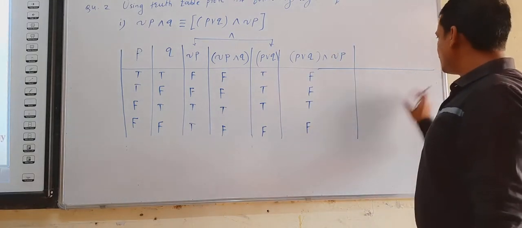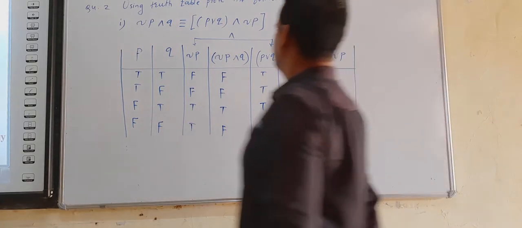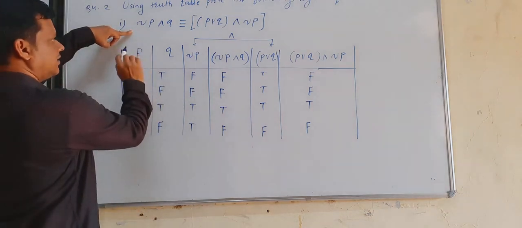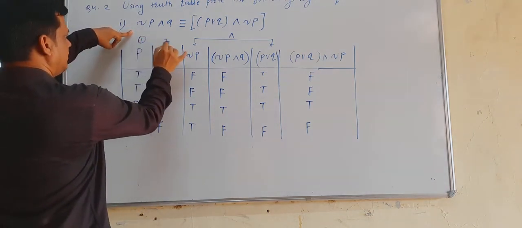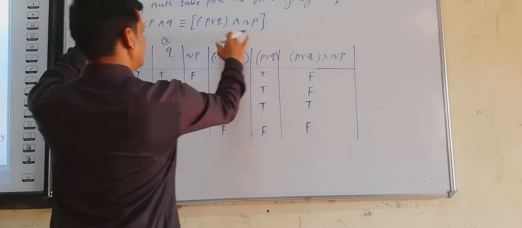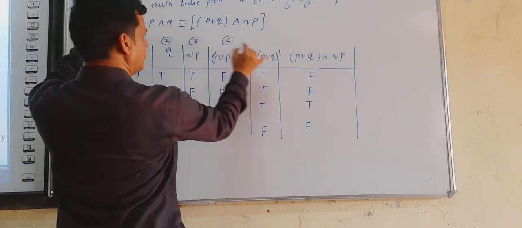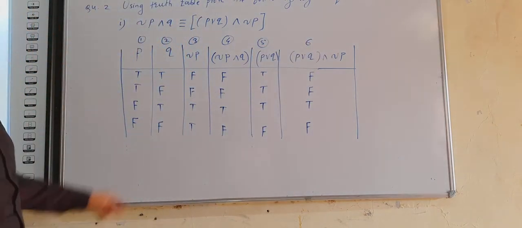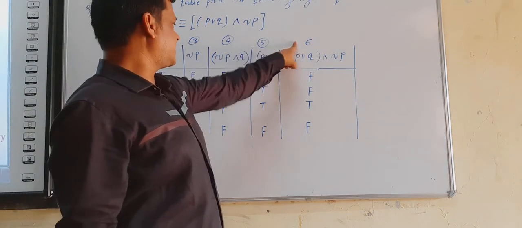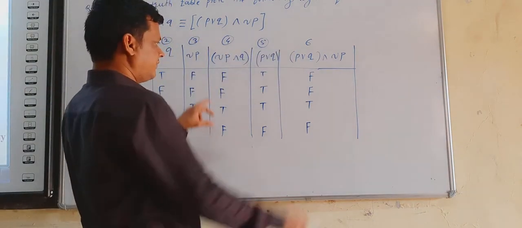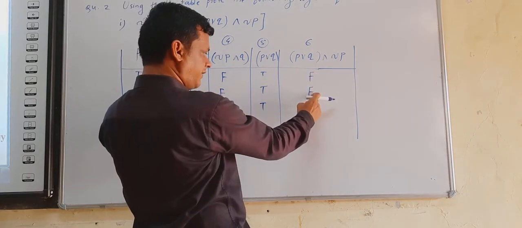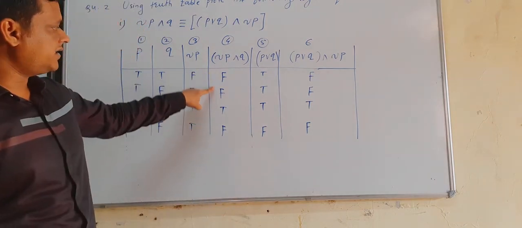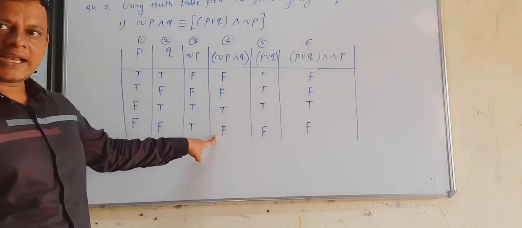Now see the entries in the columns. Here for the LHS, we first give the column numbers 1, 2, 3, 4, 5, 6. Now see the entries in columns 4 and 6, which are identical: F, F, T, F and F, F, T, F. That means the entries in the columns are identical.